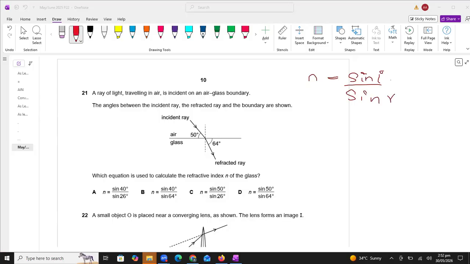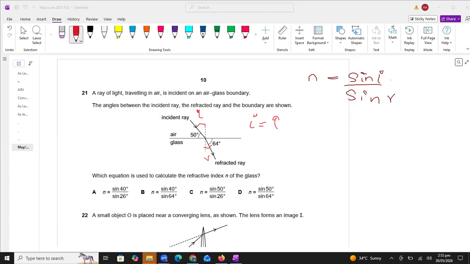Angle I is the angle of incidence between the incident ray and the normal, and angle R is the angle of refraction between the refracted ray and the normal. Now, students, angle I is not given. So first we will determine angle I, because the angle between the normal and the boundary between the air and glass is 90 degrees.